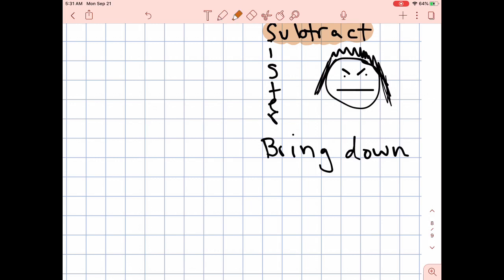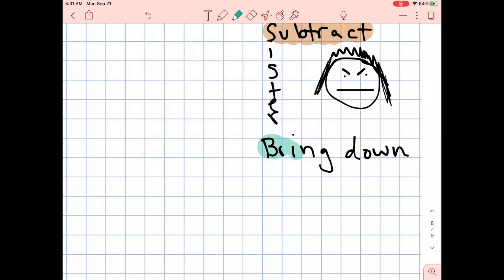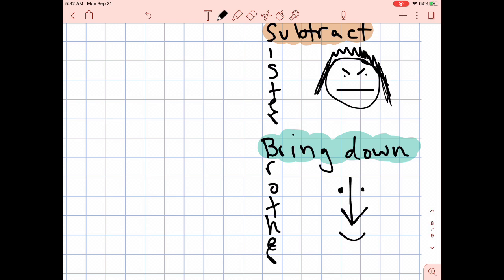And that obviously starts with a B. So I like to think that in this long division family here, that might represent brother. And so bring down is this arrow, and maybe we imagine that that is a little guy. We'll give him a little smiley face. Brother. That's an arrow that goes straight down.